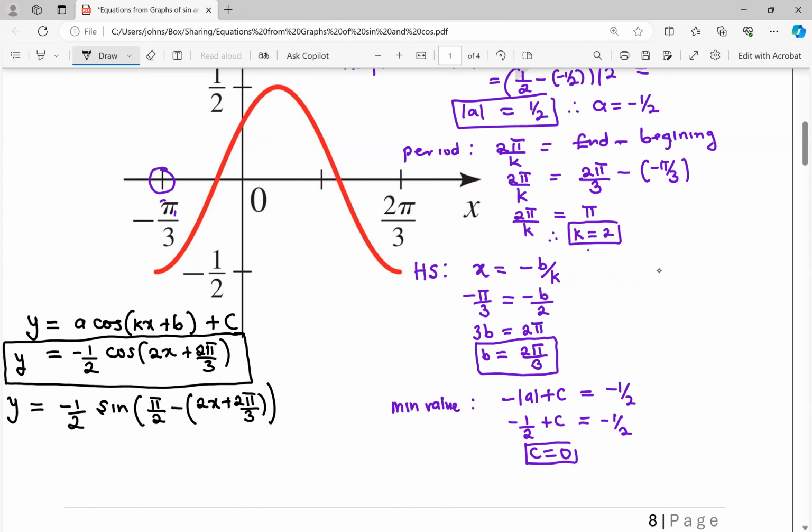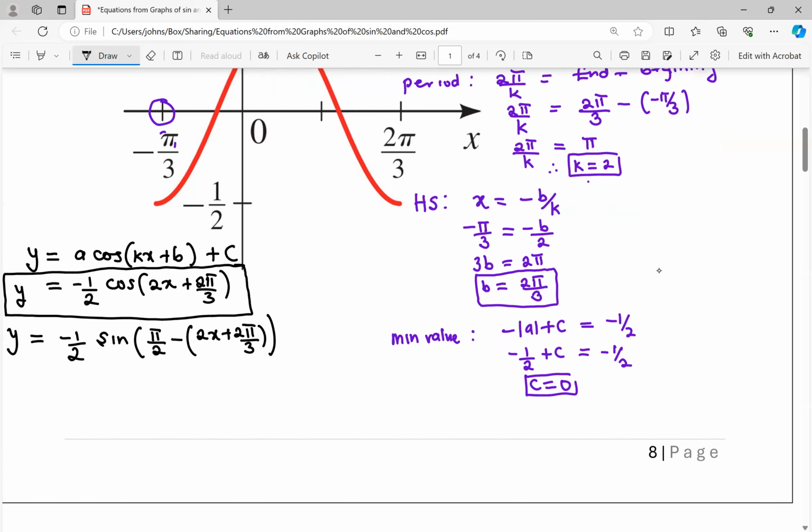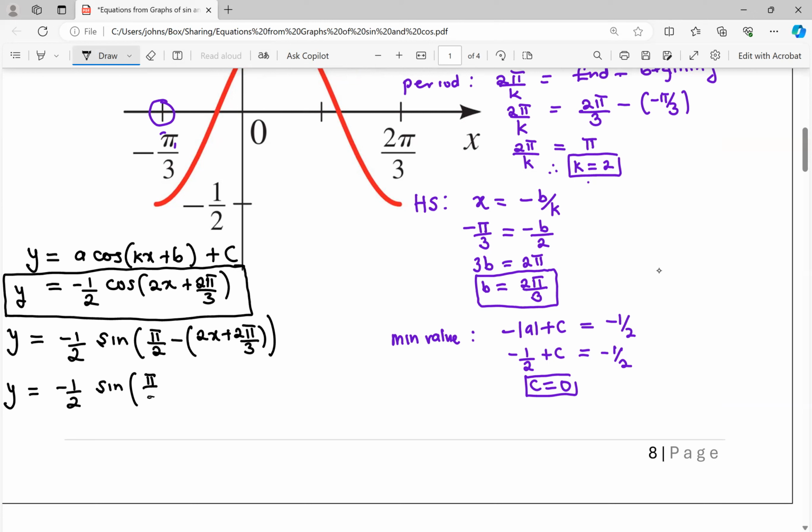Okay. Now this we can simplify a bit. So this is minus half sine. This is going to be pi over 2 minus 2 pi over 3, then minus 2x.